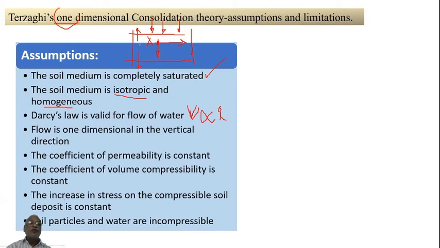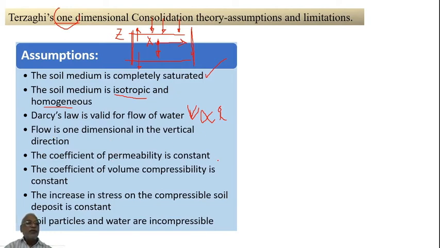So there is no question of water going sideways. Water is moving only in the z direction, as the load is coming vertically downwards. This is what one dimensional consolidation is. You have confinement on the sides, and the water is moving only in the vertical direction. So flow is one dimensional in the vertical direction.